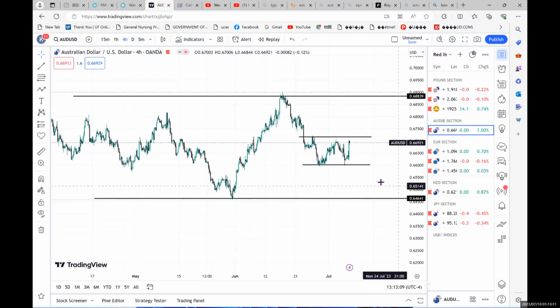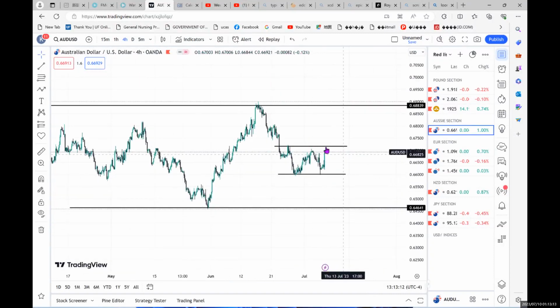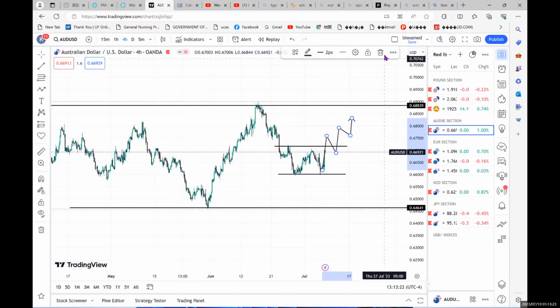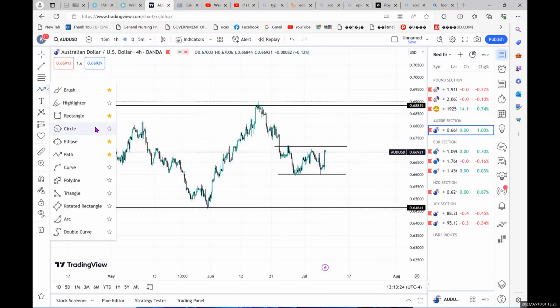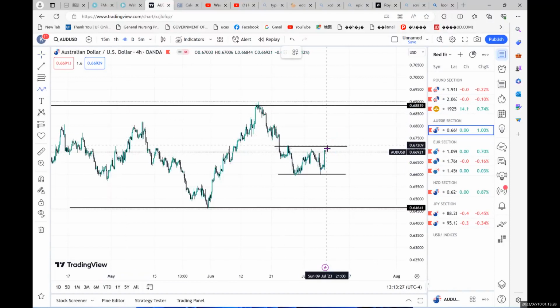So I'll just watch to see what price for AUD USD does, whether it breaks out of this area and starts giving us bullish properties, or if price wants to drop back down from this area here, which is a high possibility since we are in this downtrend and we are still bearish. So price can come up into this area here and give us this pullback back down to this level. But we'll watch and see what happens this week.